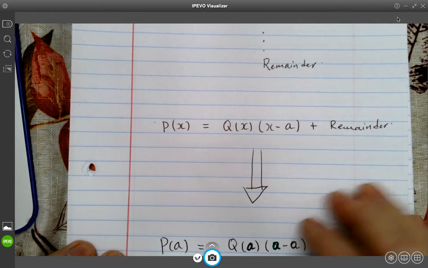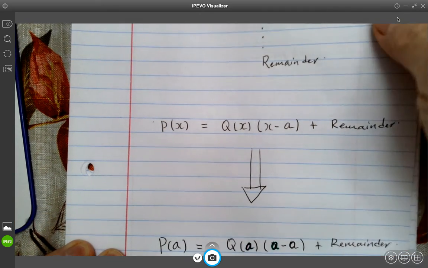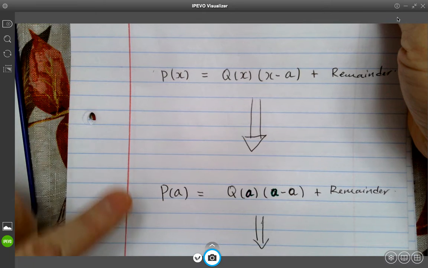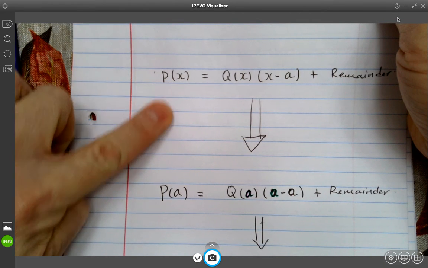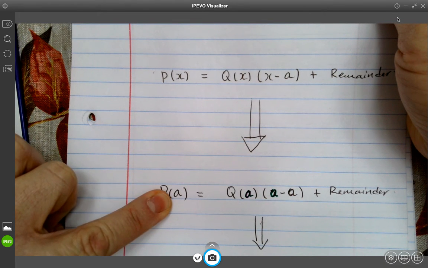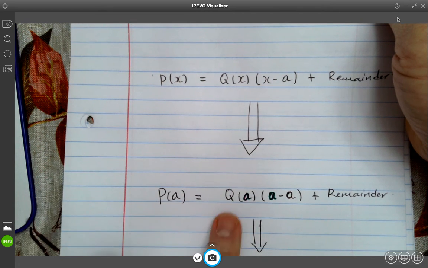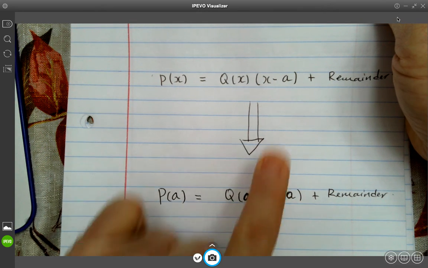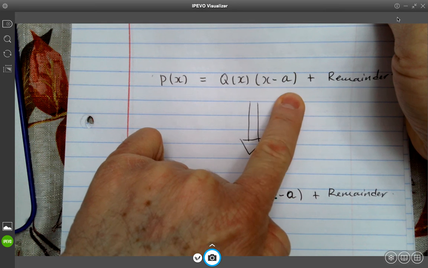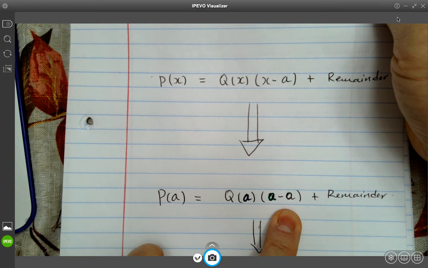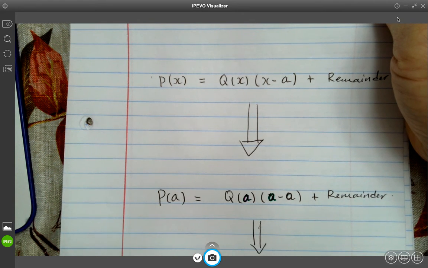Everything that is x up here will be replaced by a. So q of x will become q of a, and where here I have x minus a, I will get a minus a plus the remainder.